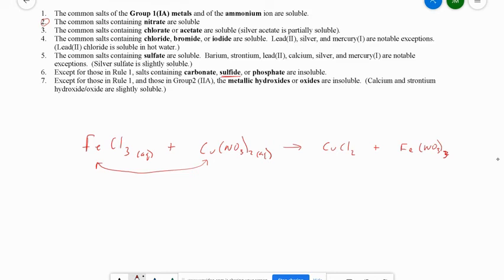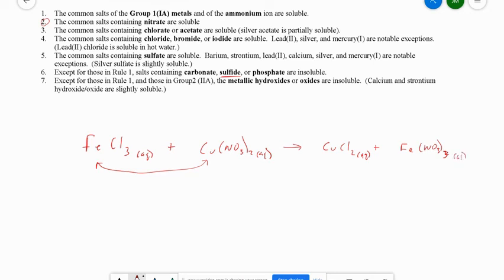All right, chlorides coming up here to rule 4. Some common salts containing chloride, bromide, or iodide are soluble. There are some exceptions up here, and copper is not one of those exceptions. So that means this one is aqueous. The last one, iron nitrate. Oh, nitrate. We know all nitrates are soluble, so that's going to be aqueous as well.